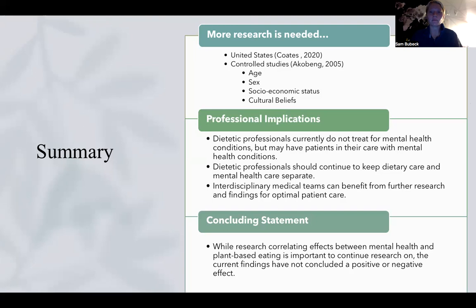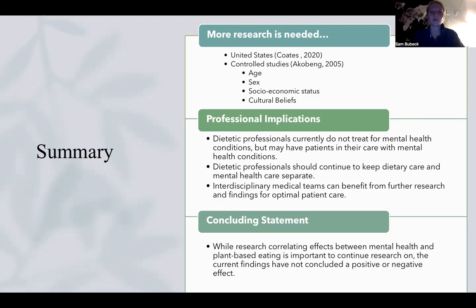And more research is needed that include controlled studies. As I previously mentioned, we need to control for age, sex, socioeconomic status, cultural beliefs. Without control of this, we cannot determine whether vegetarianism is actually affecting mental health status or if something else is at play, a different factor not being controlled for.